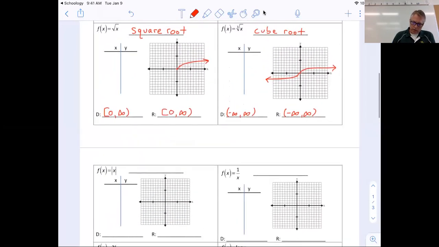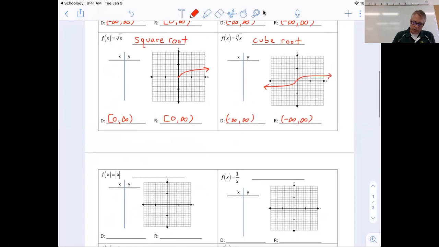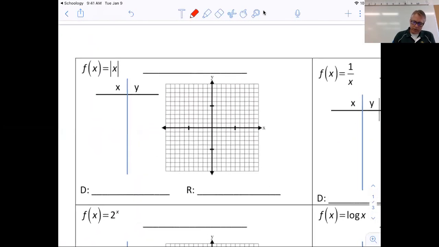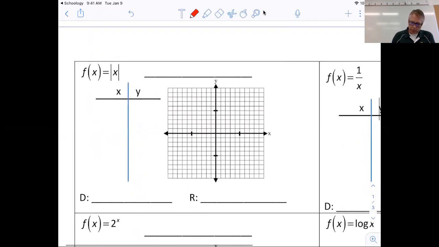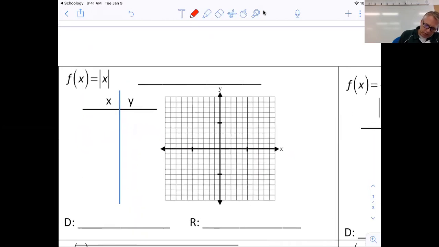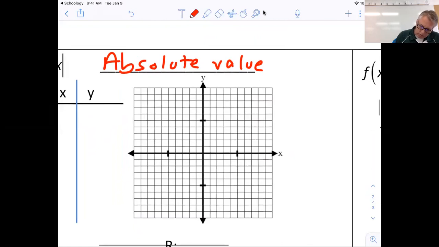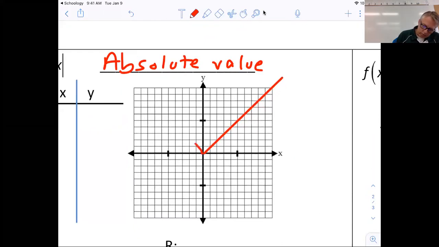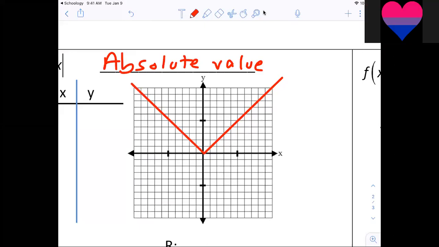All right, I'm going to go on to the next one, which is the absolute value of x. And you guys, I think, are pretty familiar with this. I'm going to write down absolute value. That's the one that looks like a V. So absolute value looks like that.